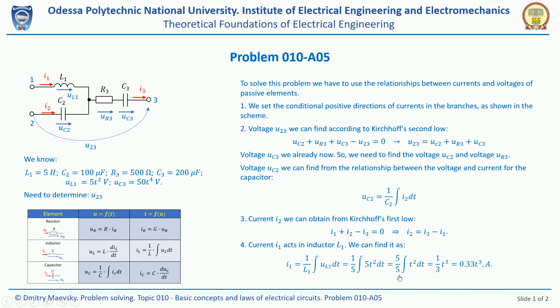After calculations, we can obtain that the current I1 is equal to 0.33 multiplied by t cubed.